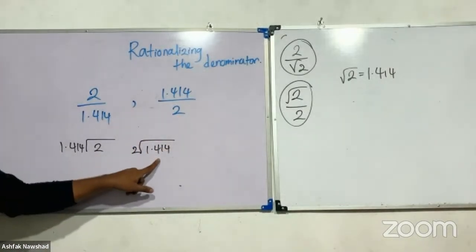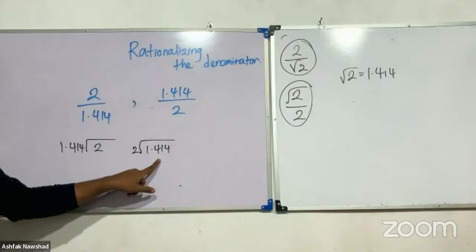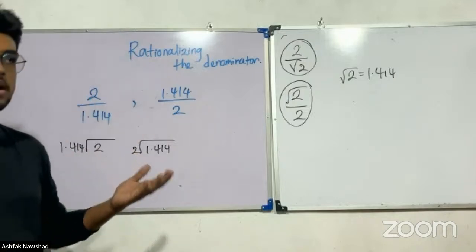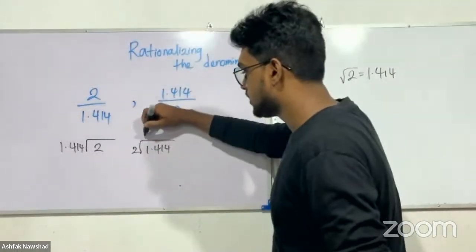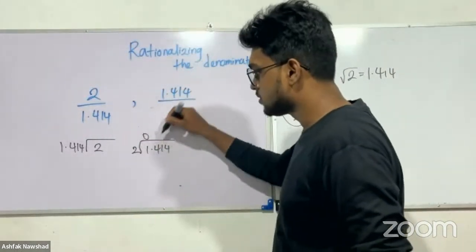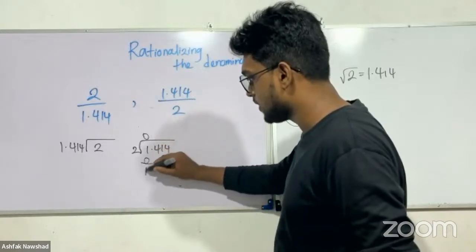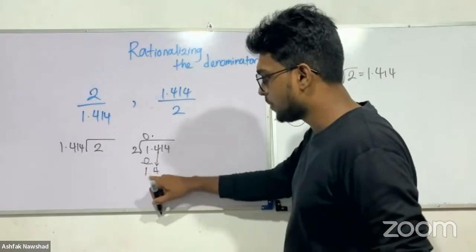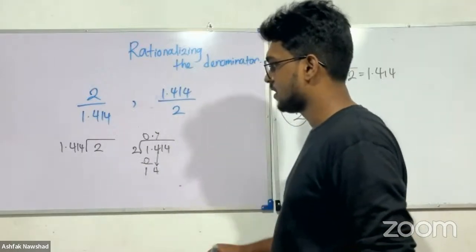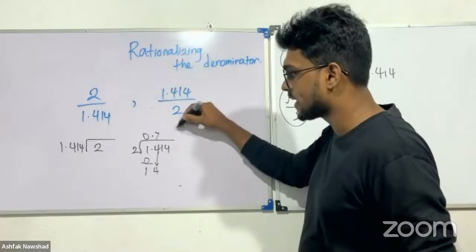In order to perform this division, you need to know the multiples of 2. We already know the multiples of 2. That's pretty easy, so we can easily do this division. There are no 2's in 1, so we take 0 and put a decimal point. How many 2's are in 14? That's 7. Again, no 2's in 1, 0, and again 7.